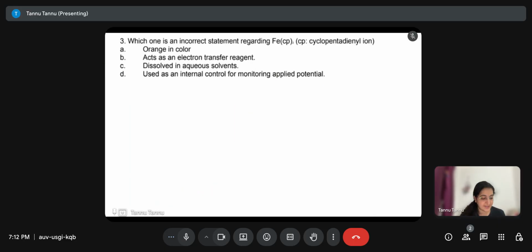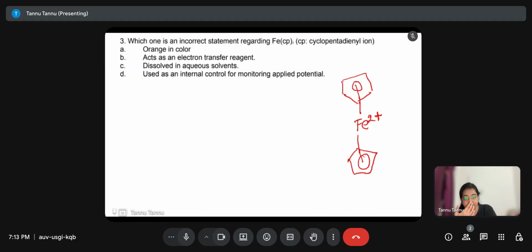Next is which one is an incorrect statement regarding FeCp2? Here Fe is in +2 oxidation state. Which one is an incorrect statement?